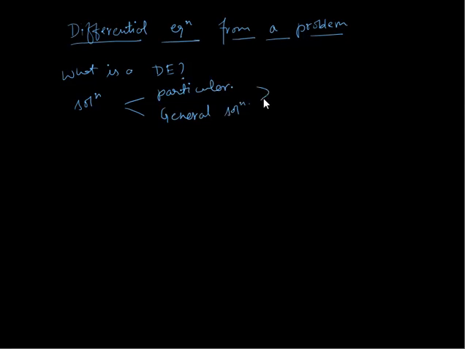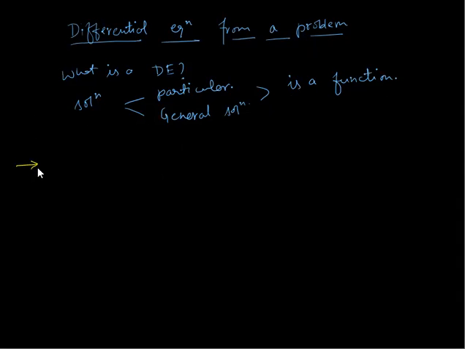Okay, and we also know that the solution for a differential equation is a function. So these things we know about differential equations. Now, in today's topic, we will learn how to form differential equations from a given problem. Okay.